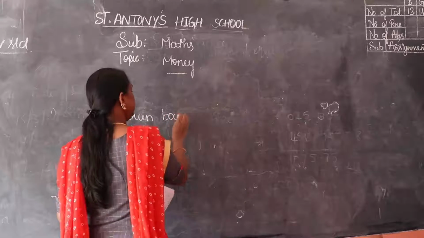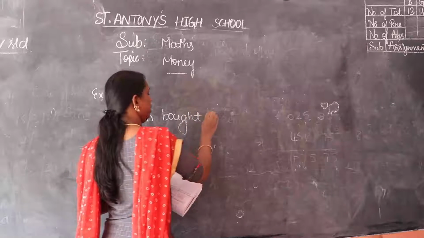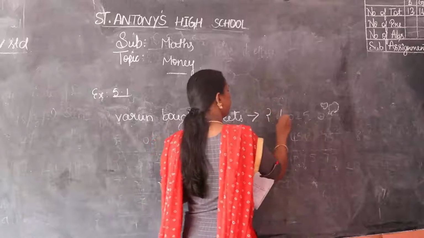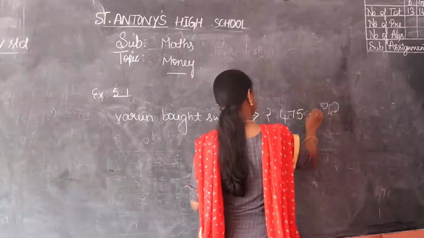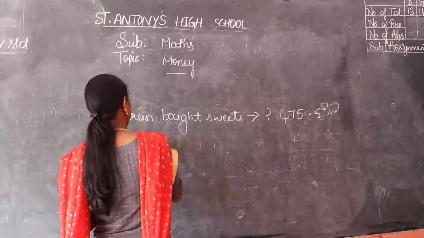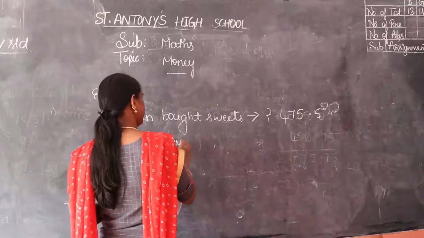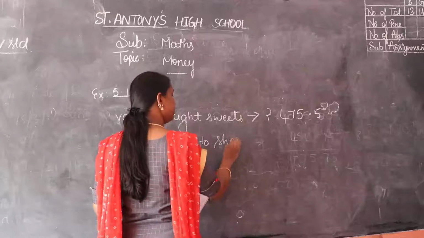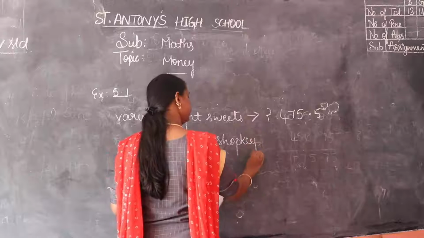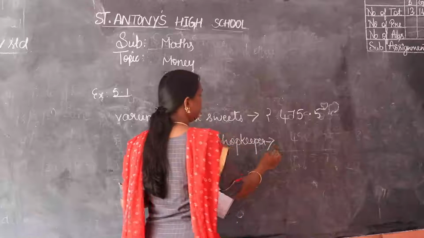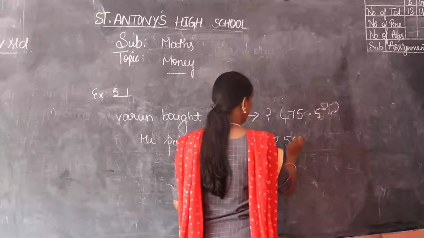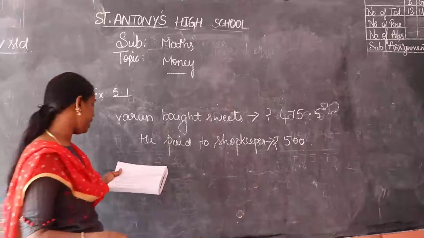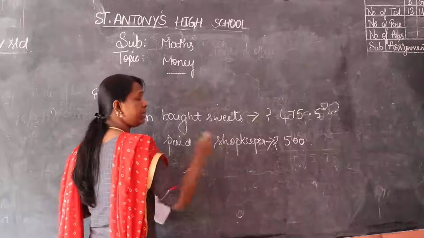Varun bought sweets for rupees 475.05, and he paid the shopkeeper rupees 500. But the change given back by the shopkeeper is further here, which is the minute children.